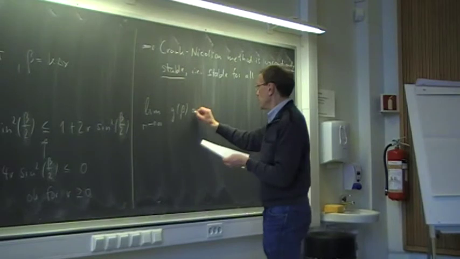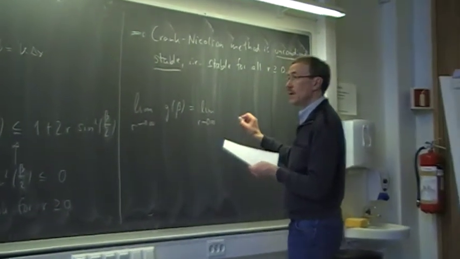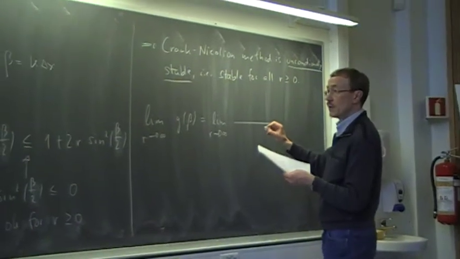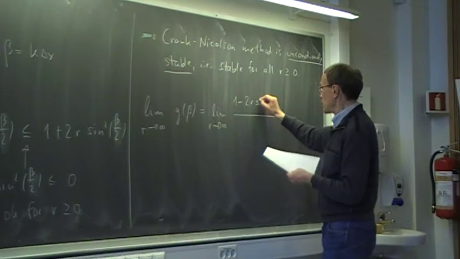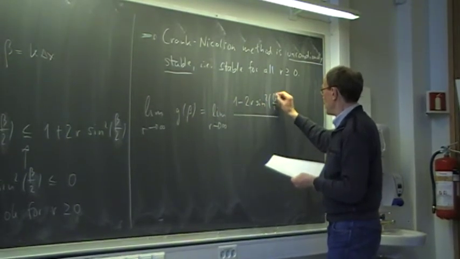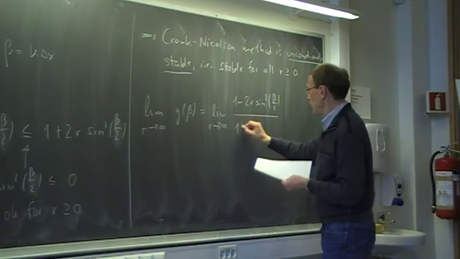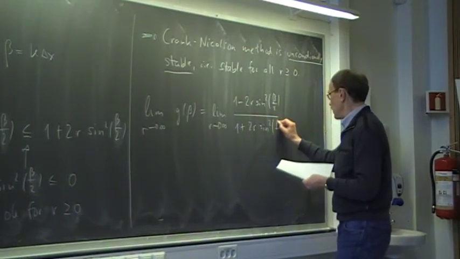So we write this ratio, 1 minus 2r sine squared beta half, divided by 1 plus 2r sine squared beta half.